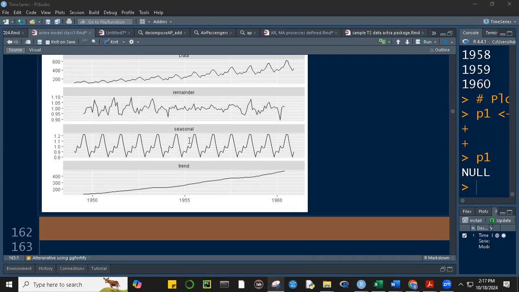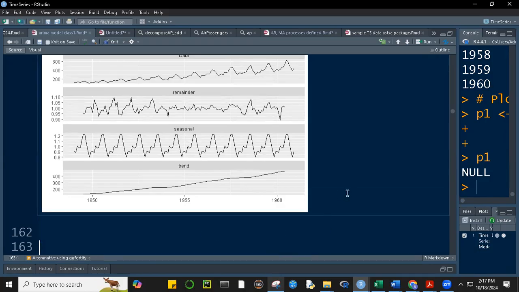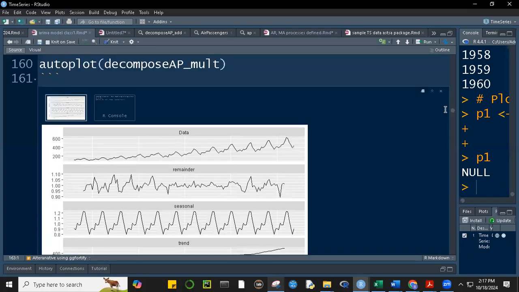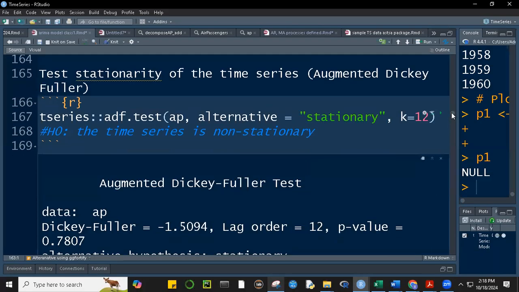If you run this code, you will see that it decomposes our AP data into the original data, then the seasonality, and also the trend. So indeed, we can see here that this data has a trend and it has seasonality.